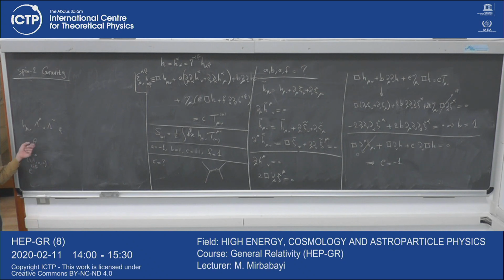From that you see that you need a symmetric rank 2 representation, because the antisymmetric will not contribute.